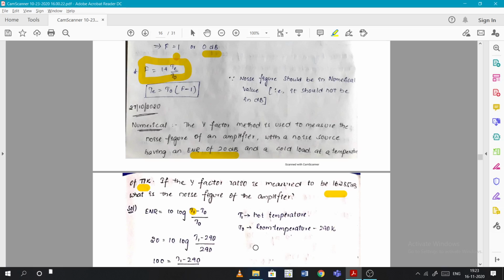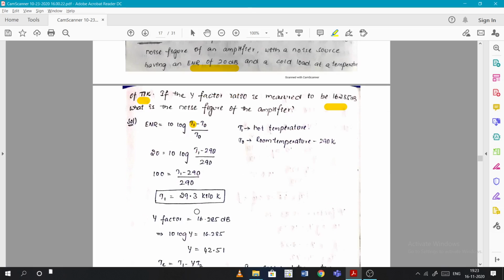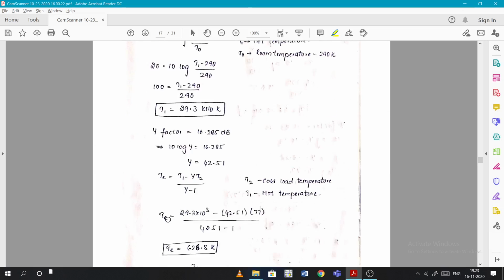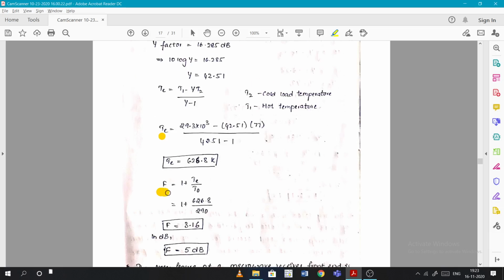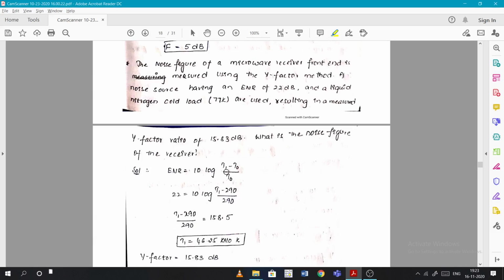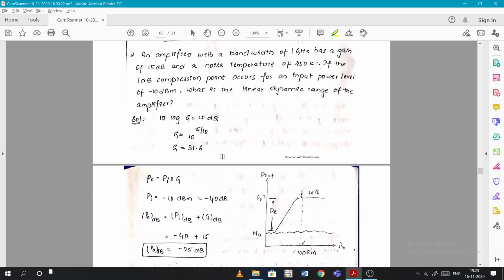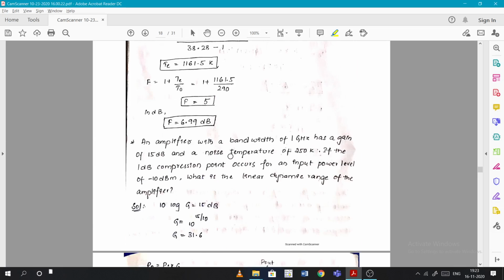Because the active source will be at a higher temperature than T0, from that statement we directly took this as T1. So we got the T1 value, and the Y factor we know, so we can get Te also. From Te you get F, right? That's how we can do the same for the other problem also. So basically this is model 1.